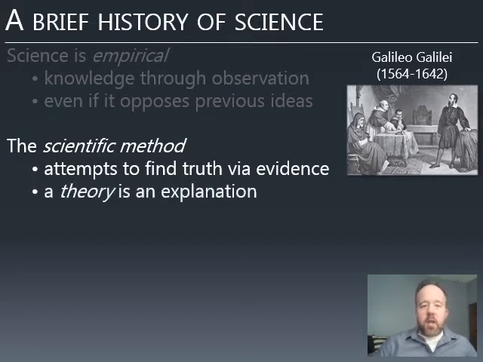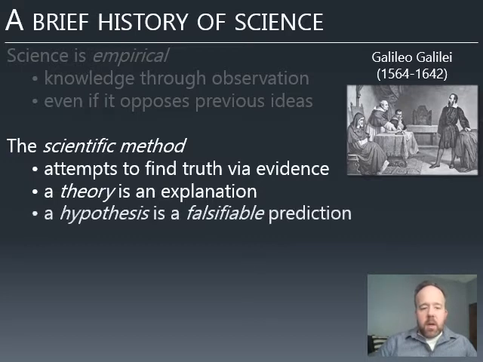And that evidence is going to come from observation. And then once you have some evidence in hand, you can develop what we call a theory. A theory is a kind of explanation that's consistent with the current evidence. It's an explanation of how the world, the universe, or people operate.